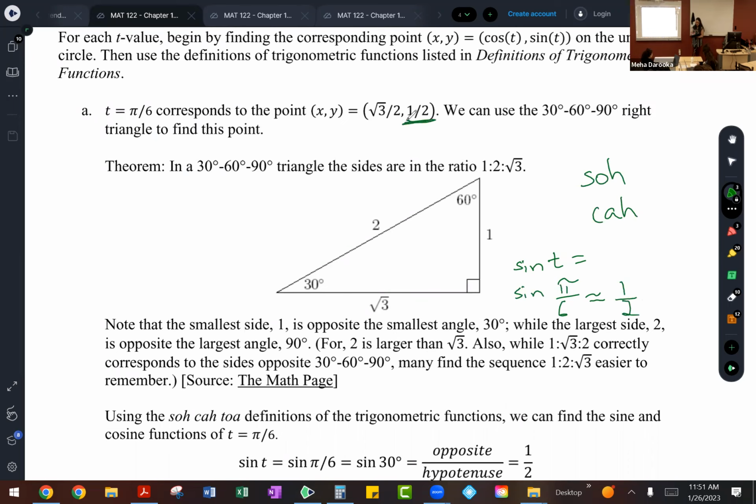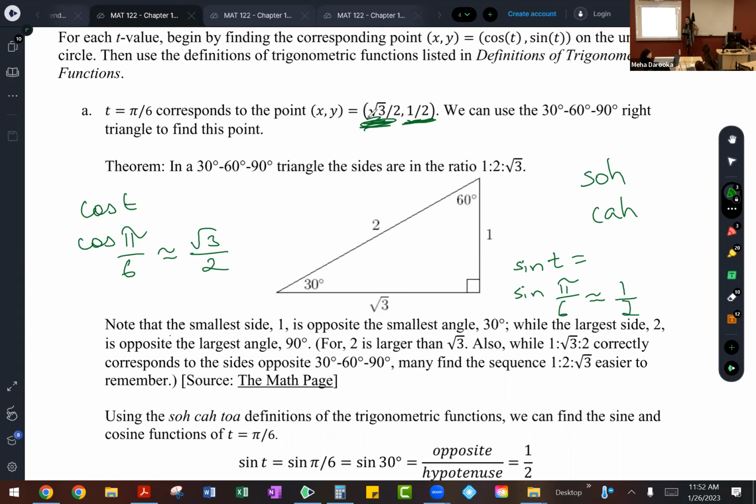And you can see that's where that 1/2 is coming from. For the cosine function, our cosine would also be the same angle, pi over 6. That would be adjacent, so that's square root of 3 over hypotenuse, which would be 2. And that's where that definition of square root of 3 over 2 is coming from.